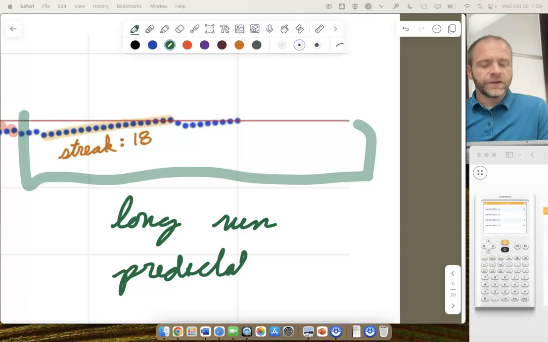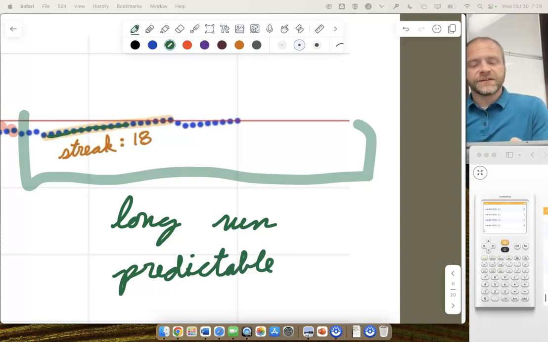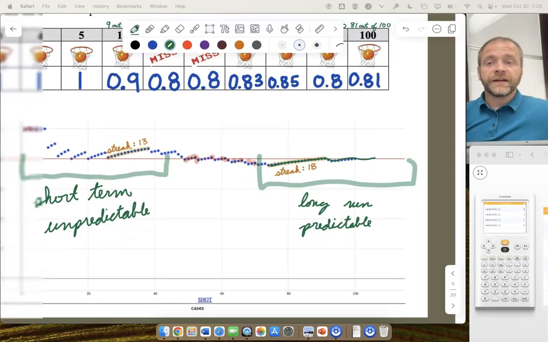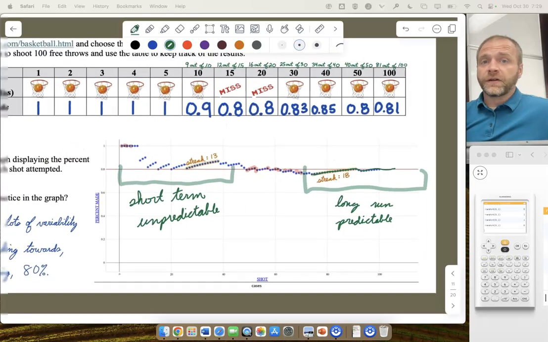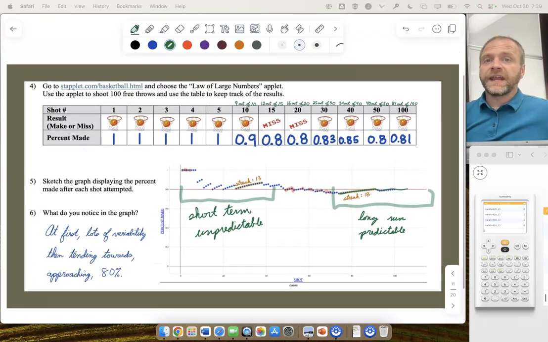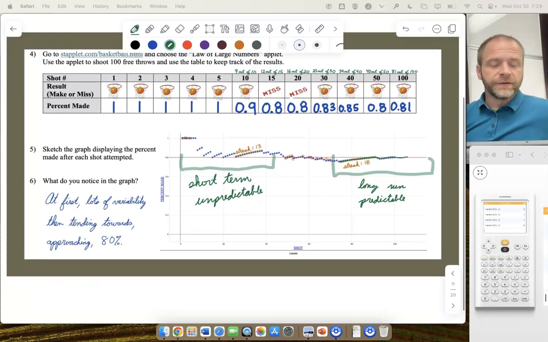We understand what the probability is approaching. Look at this, it's getting closer and closer to that 80% in the long run. So in the short run, probability is unpredictable. But in the long run, with many trials, we can predict probability.